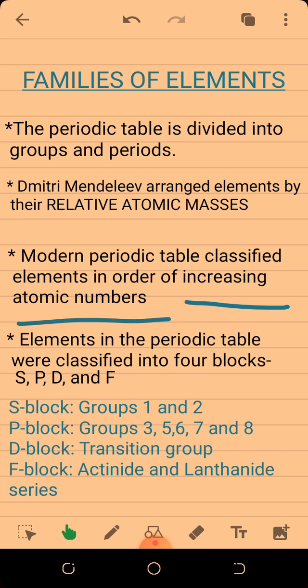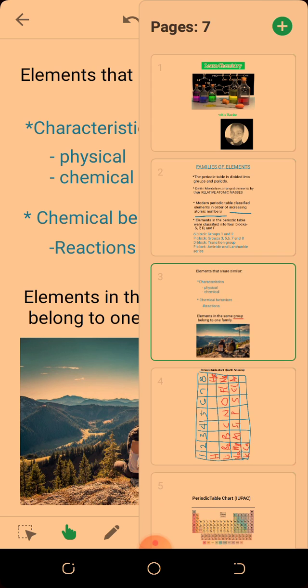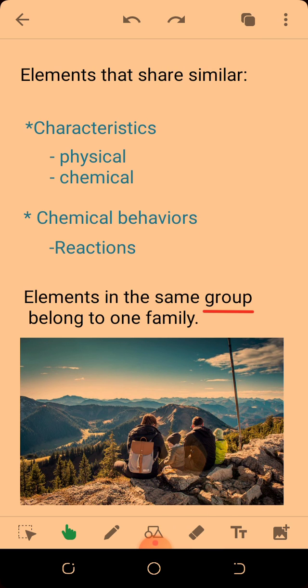Elements in the transition group are found in the D block, whereas the actinide and lanthanide series are found in the F block.